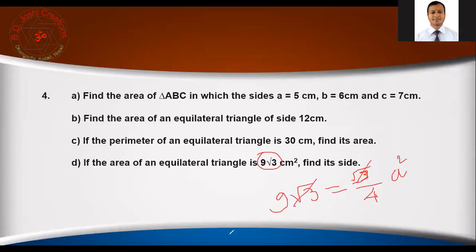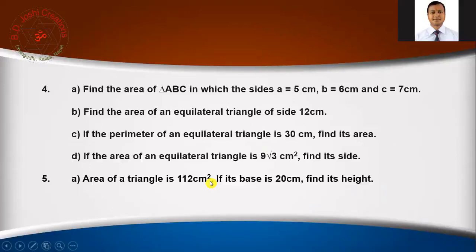Root 3 and root 3 cancel from both sides. If we take this 4 here, 9 times 4 will be 36. That means A square is equal to 36, and in the next step we can write A is equal to 6 centimeter, since the square root of 36 is 6. In this way, we can find the length of the side easily.